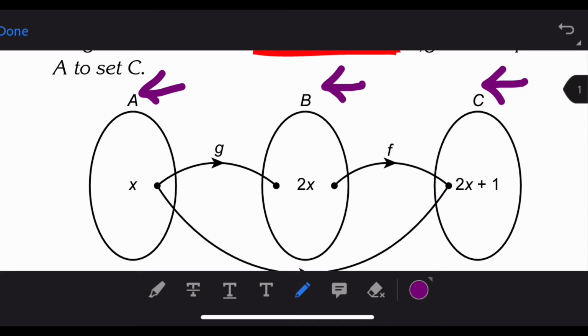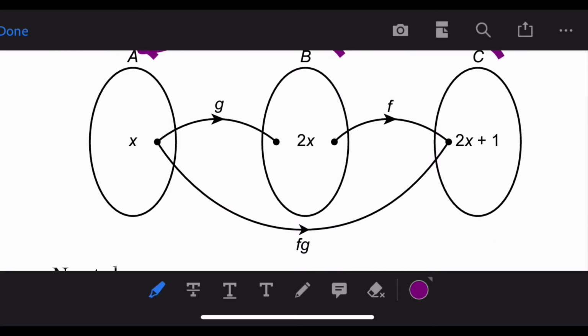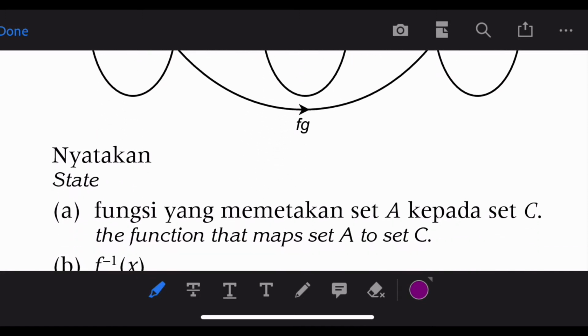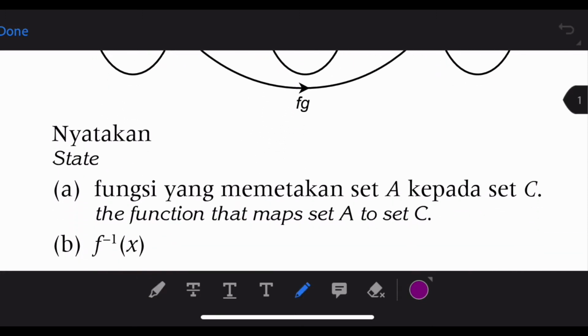So actually, in fact, this is composite function. So what the question asks is state. That means when you see state, you just write the answer. The working is not important. The function that maps A to C.